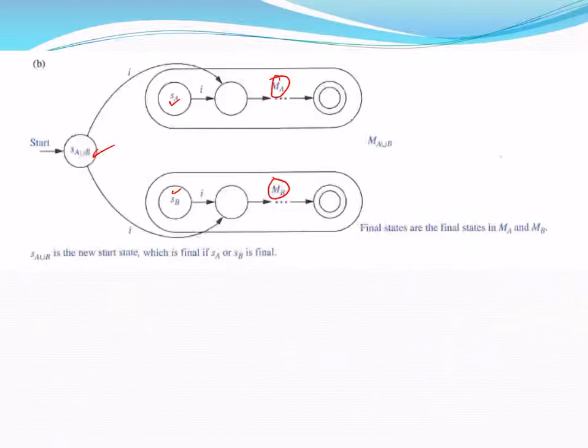If it's recognized by A, it'll get to the final state of A. If it's recognized by B, it'll get to a final state of B. And we'll recognize the union, therefore. So all the final states are the final states of machine A and machine B. And then the start state is final if either SA or SB is final.